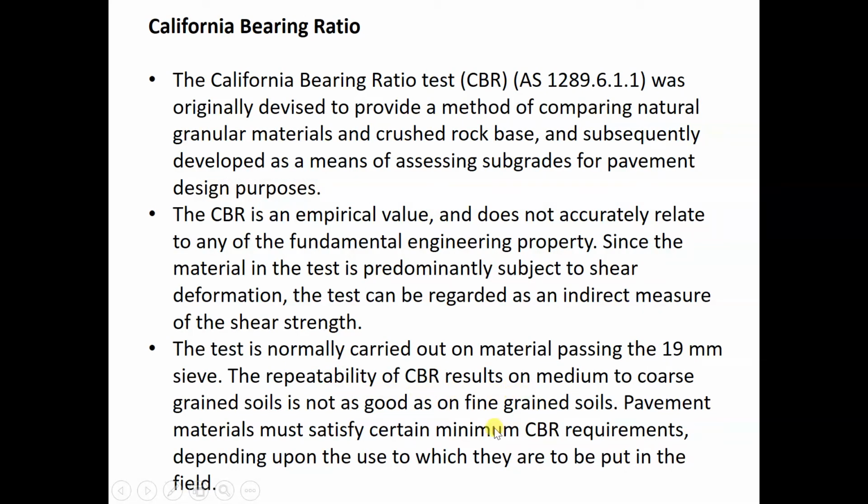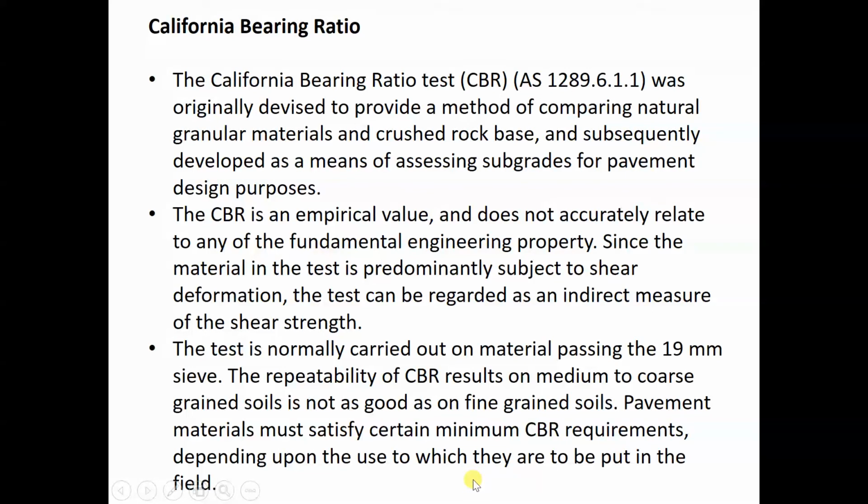Okay, the repeatability of CBR results on medium to coarse grain soil is not as good as on fine grain soil. Pavement material must satisfy certain minimum CBR requirements depending upon the use to which it is put in the field. For the subgrade, usually we need a subgrade CBR of 3, and possibly up to about 10.